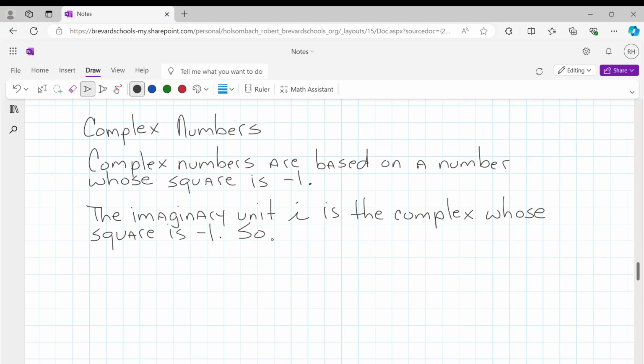So i squared equals -1, and i is equal to the square root of -1.